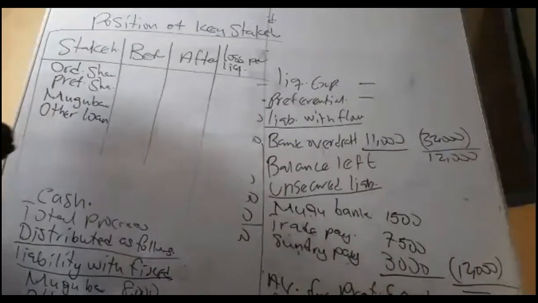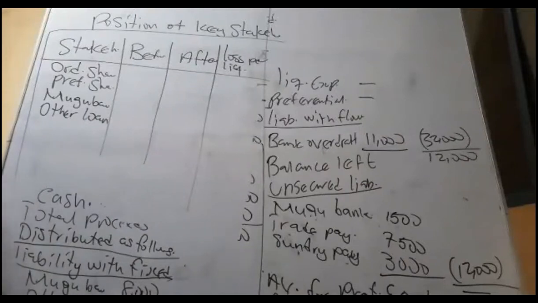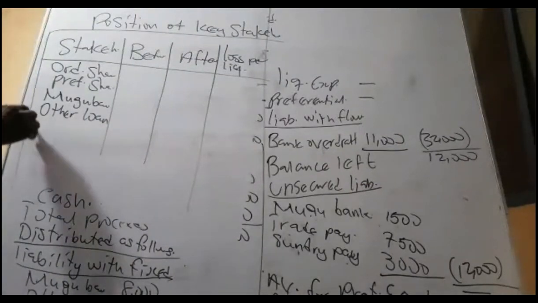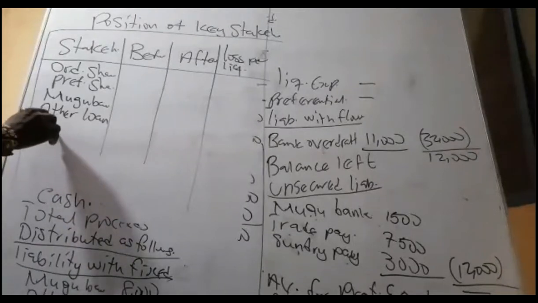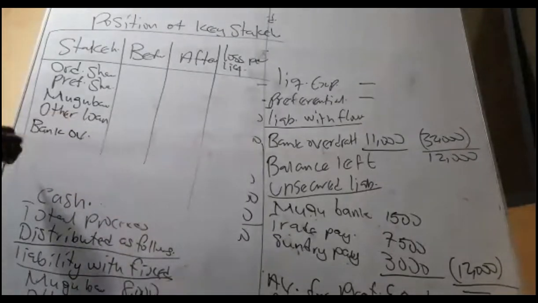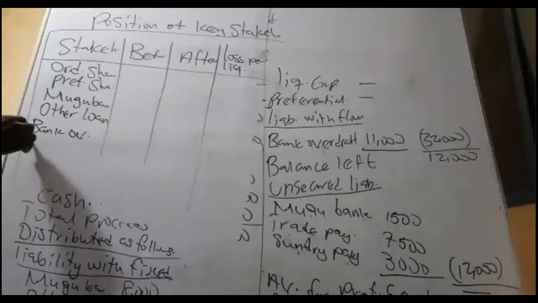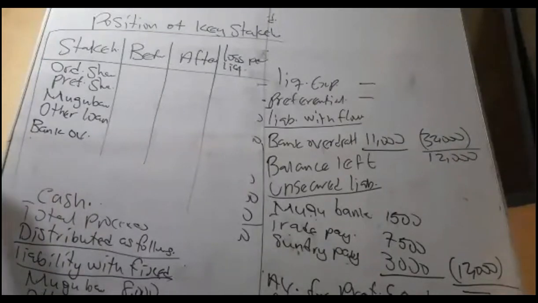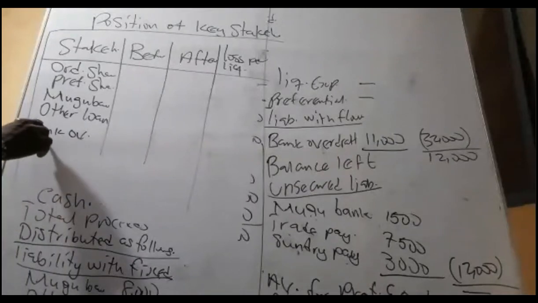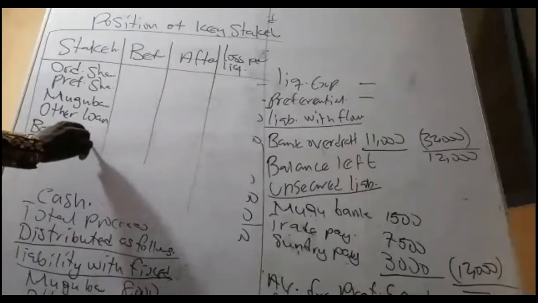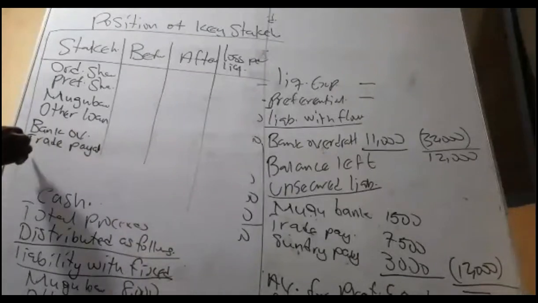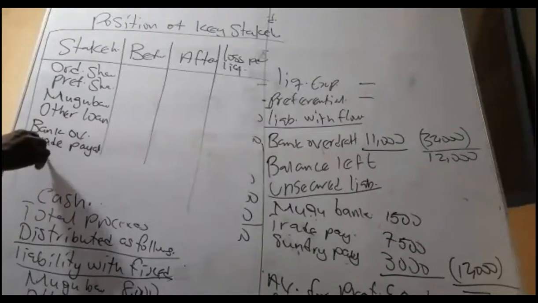Then you go to the current liabilities. There are three. We have bank overdrafts, we have account payable, trade payable, and we have sundry payable, that's the accrual.